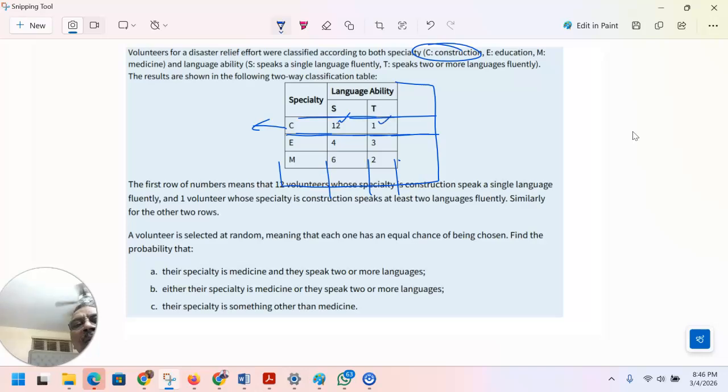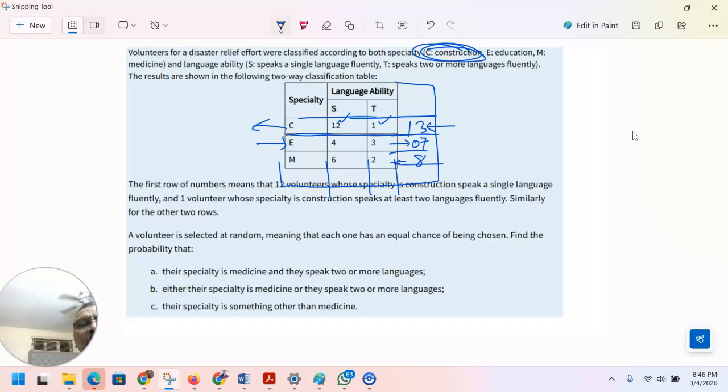There is one who knows two languages. So 12 plus 1 is 13. That means this 13 stands for the number of persons who are good in construction. The next one is who are good in education. That means this will be 4 plus 3 is 7. And this will be 6 plus 2 is 8.